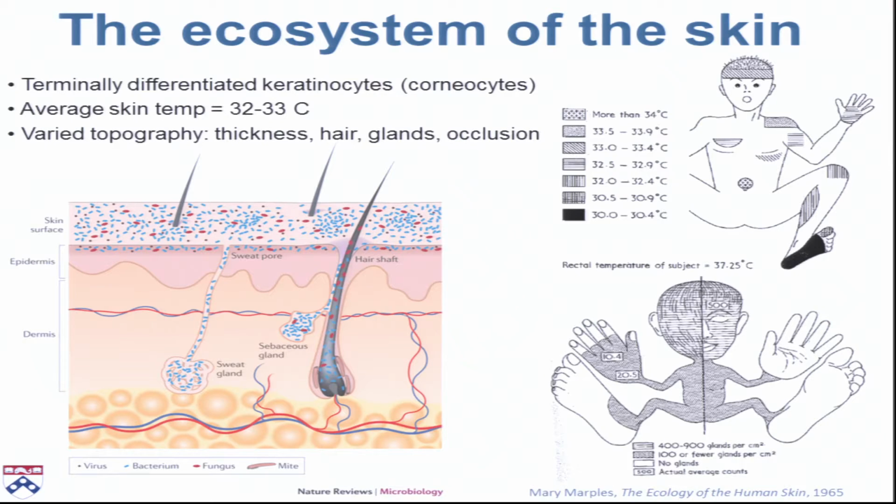In addition, the topography of the skin is extremely varied in that we have areas with tons of hair, areas that are hairless. Gland density is variable. So we have sebaceous glands, which produce the oily substances that emollient the skin. We have sweat glands that are present in different densities across the skin, providing different levels of moisture.